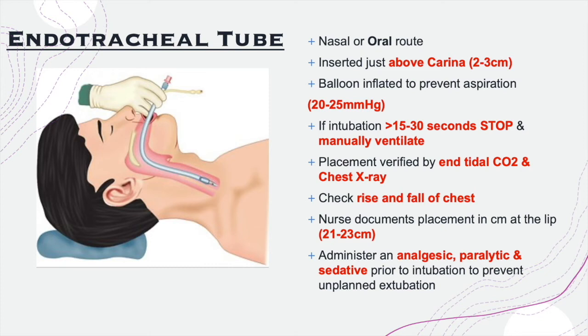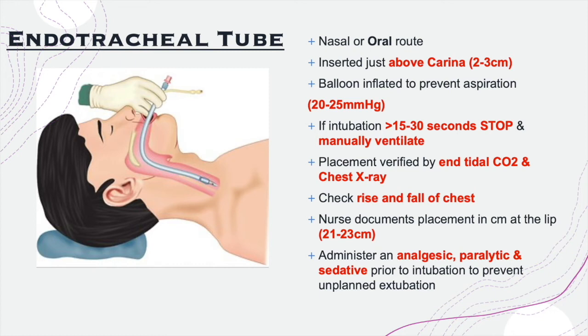This is going to provide unequal oxygenation to the patient. While delivering breaths or oxygen to the patient, you're going to see the right lung expand and the left one partially expand or not expand at all. That's going to confirm that placement is more likely in the right bronchus. So 2 to 3 centimeters is going to prevent that.